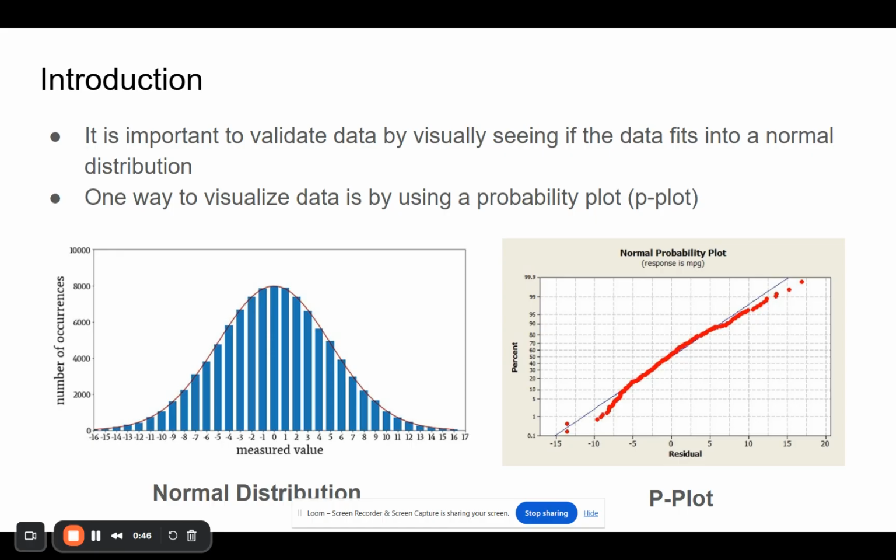If that assumption's wrong, the results might not be reliable. Also, knowing the distribution can help us better understand the process that produced the data. One useful tool for checking this assumption is a probability plot, which compares the percentiles of the sample data to the percentiles of the assumed distribution.